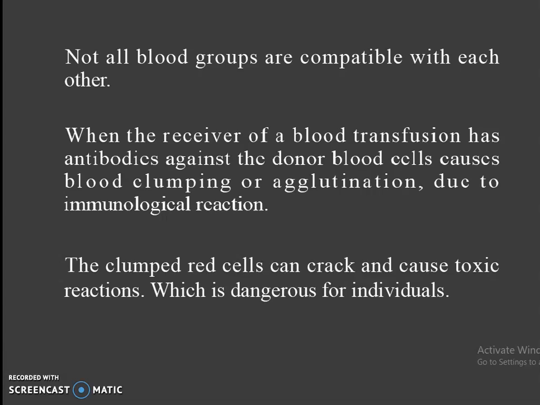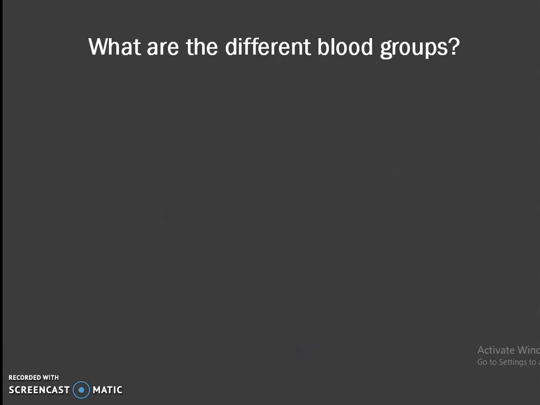That is due to an immunological reaction. This process is called a blood transfusion reaction. The clumped red cells can crack and cause toxic reactions, which is dangerous for the recipient.